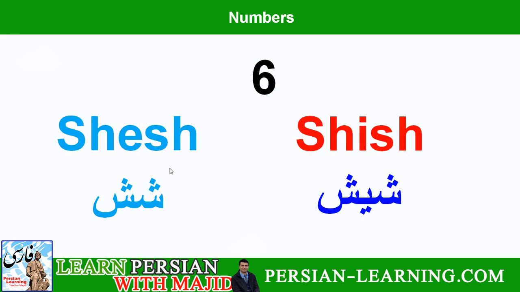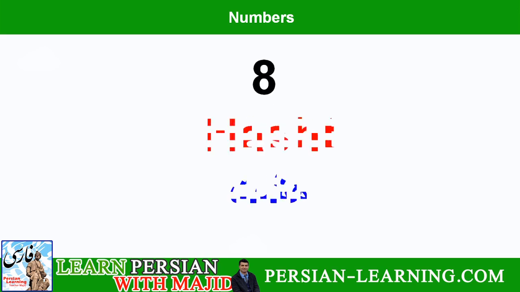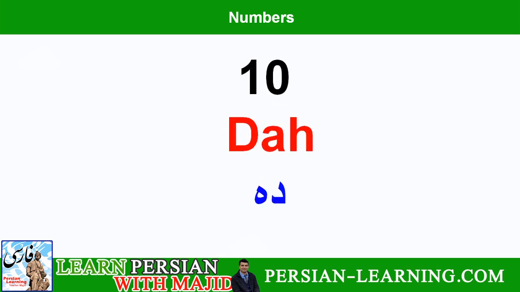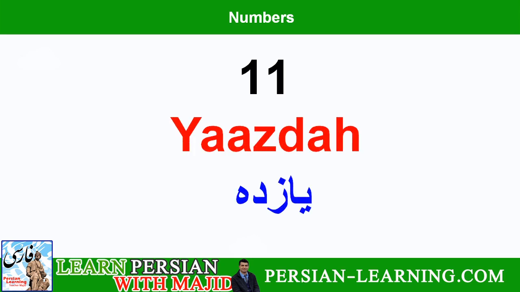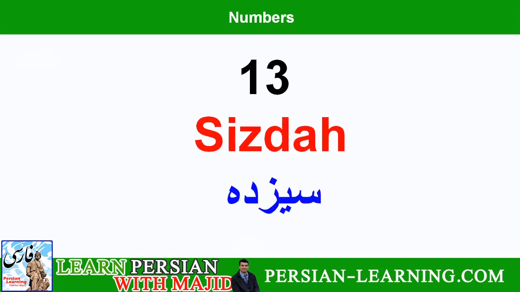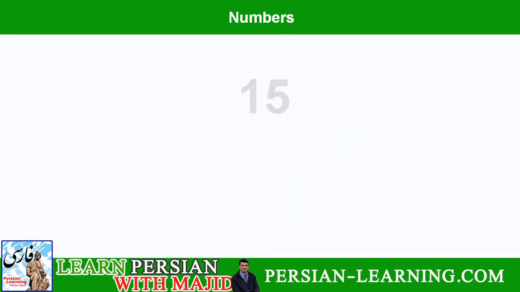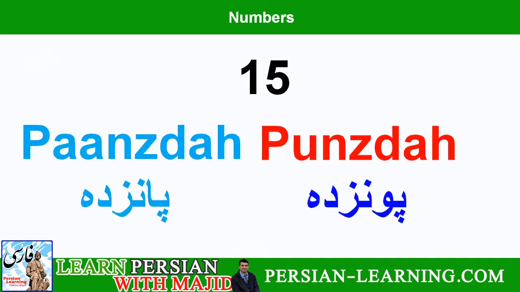Shesh is the formal form for six and shish is the spoken form. هفت، هشت، نه، ده، یازده، دوازده، سیزده، چهارده، پونزده or پانزده, the formal form.